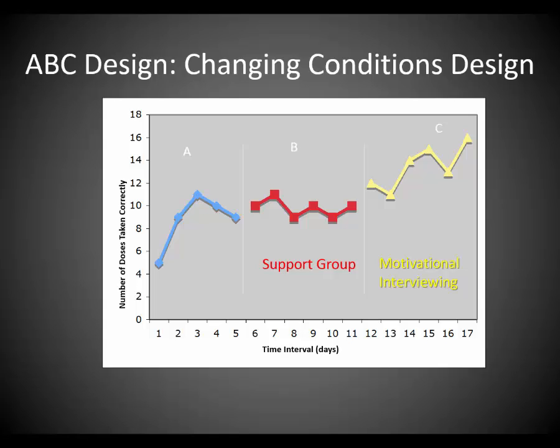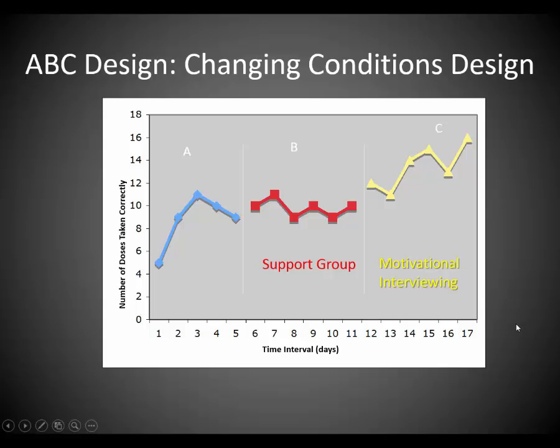Now, in terms of how this might look on a graph, we would construct this in pretty much the same way that we had for one of our previous graphs, where the A phase is documented using a blue baseline. Then during the B phase, we can use our first treatment line coded in a color like red, and this is where we identify something like the use of a support group.